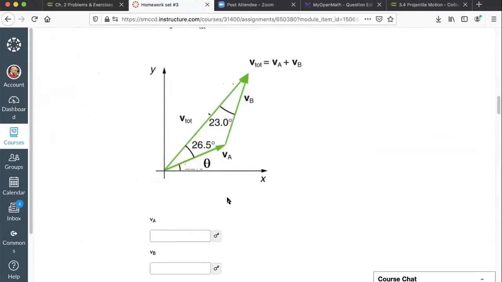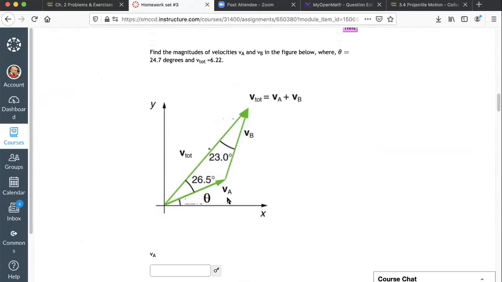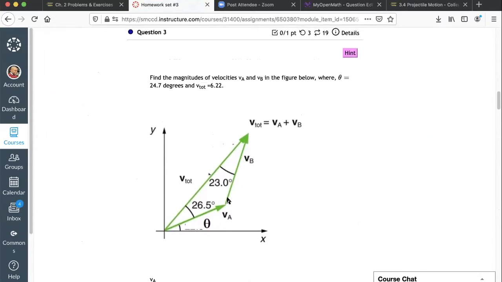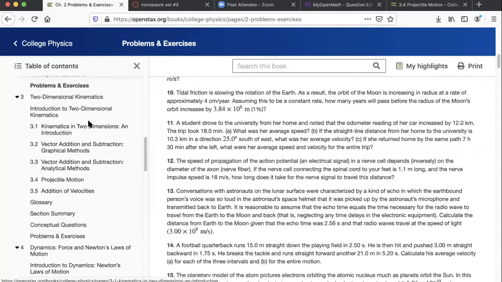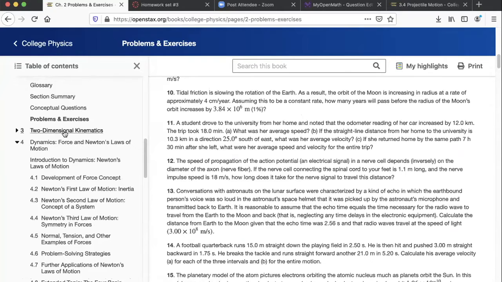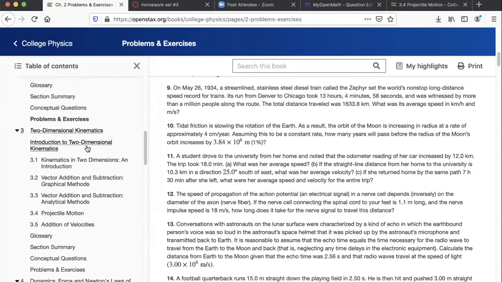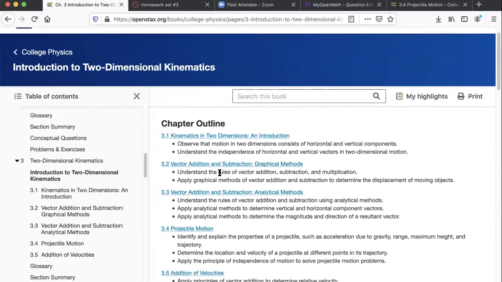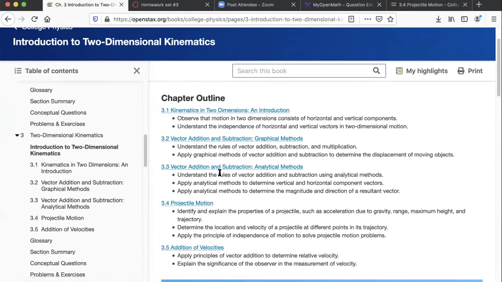So, if you go to the book here, and you look at chapter 3, chapter 3 is all about kinematics in 2 dimensions.